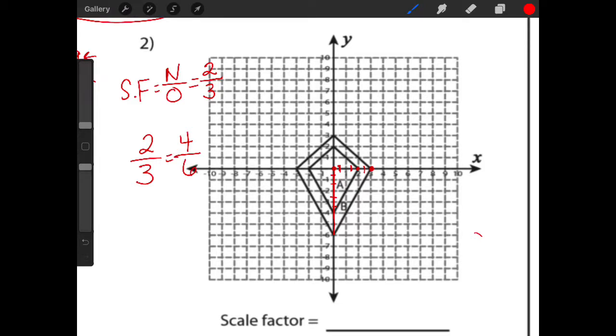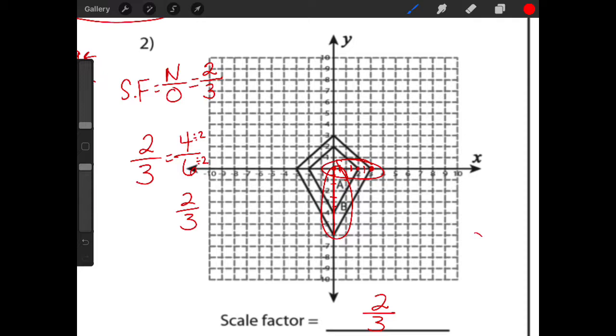Well, whether you know how to reduce fractions or not, in your calculator you could do the fraction key 4 over 6 and reduce it. Or we can just look at it and say divide the top by 2, divide the bottom by 2, and we've got 2/3 again. So that proves to me that our scale factor is indeed 2/3 because the pattern carries regardless of what you're comparing, whether it's these line segments or these ones.